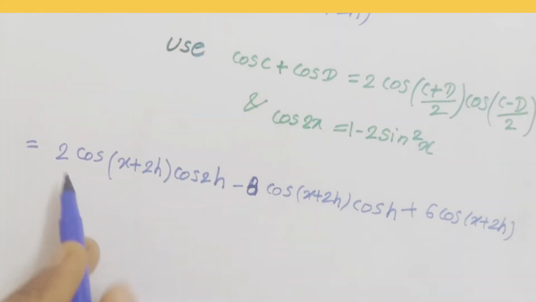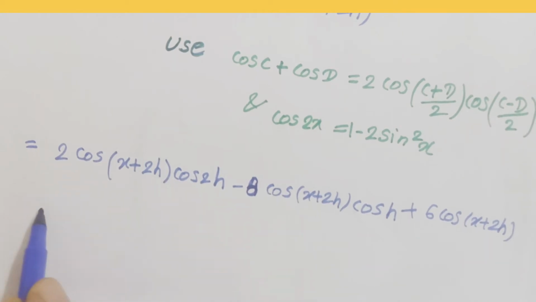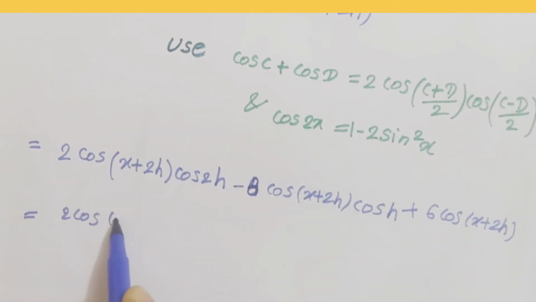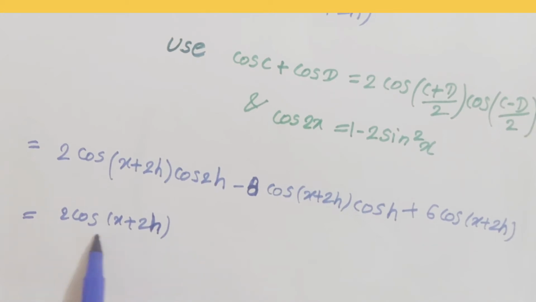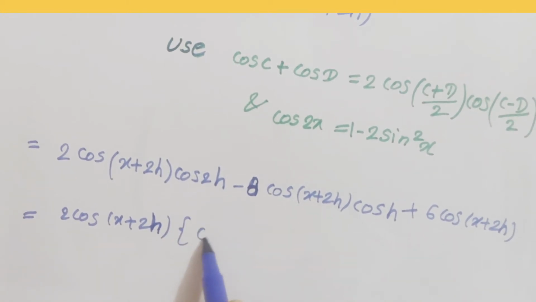So if we take twice cos x plus 2h common, we are taking this common because in the proof we want this term in the multiplication. So throughout we take twice cos x plus 2h common. Then remaining is in the first.